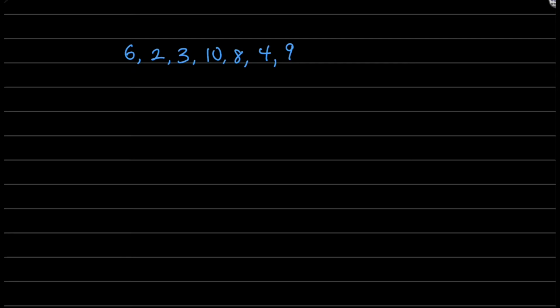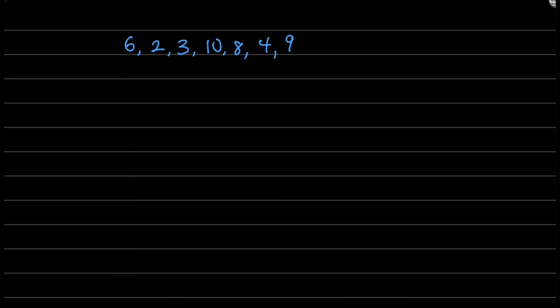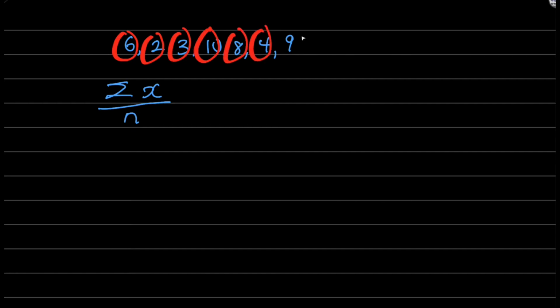To find the arithmetic mean, all you need to do is first of all write out your formula: summation x over n, where x would be your individual data points. So this would be your x1, x2, x3, x4, x5, x6, x7. Those are your x's.